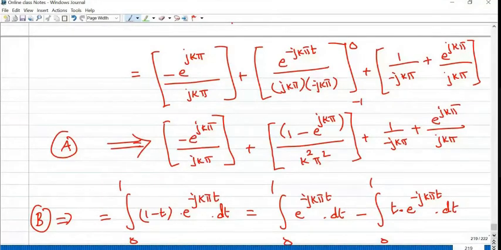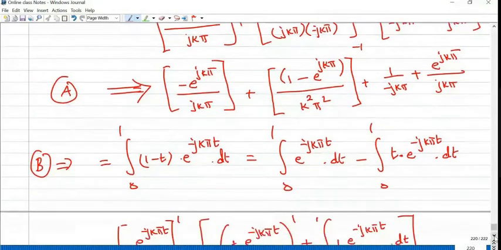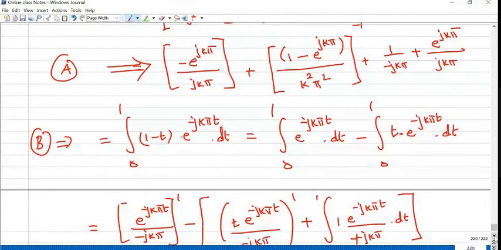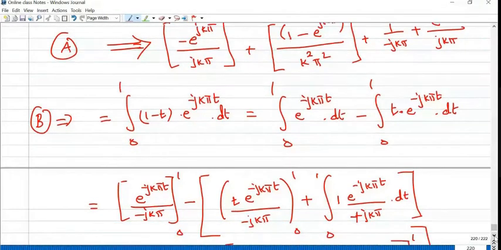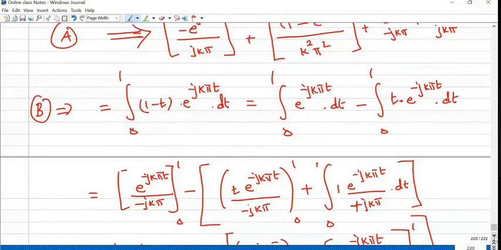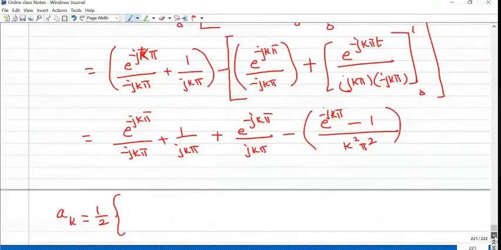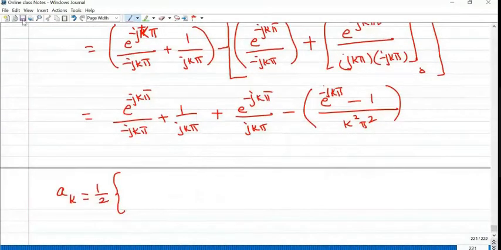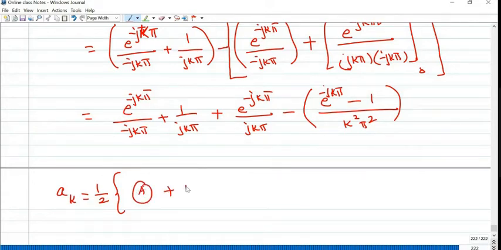Minus e power jk pi. So add A and B directly if possible. E power minus jk pi. This term answer and this term answer.